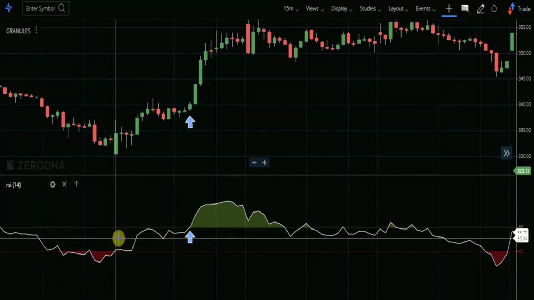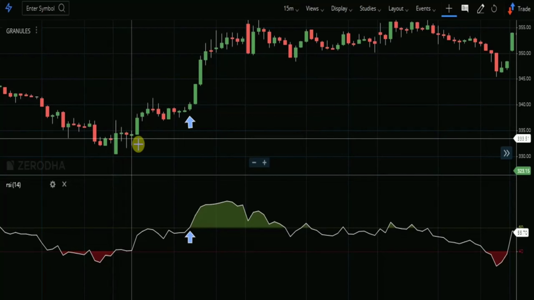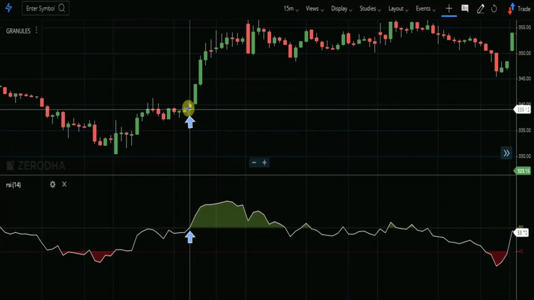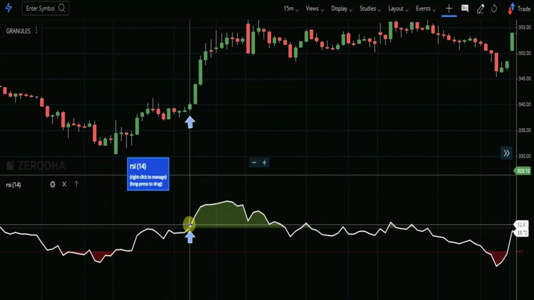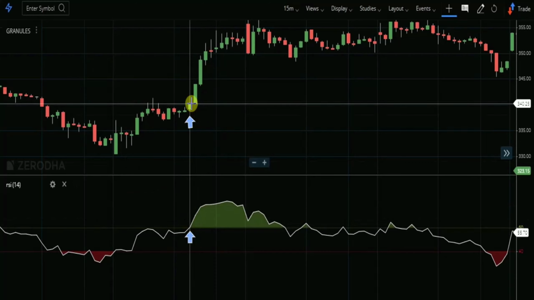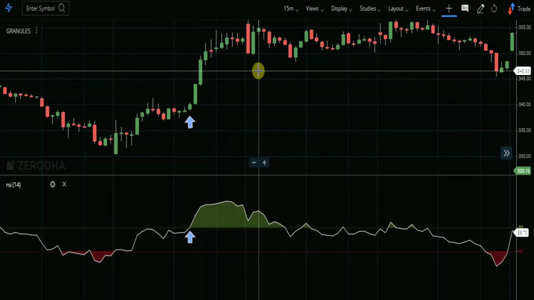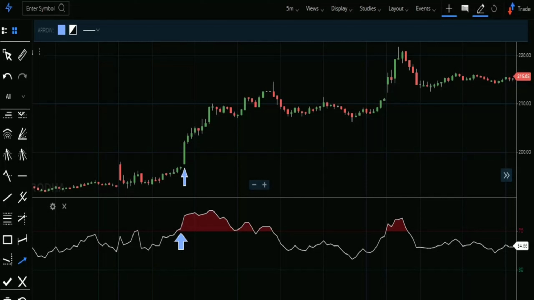Now in another example here you can see that as soon as the RSI crosses above, it went to the positive zone, and now you can see the momentum in the price. Now you can see in these charts the bars started moving rapidly, and you can see more Marubozu candles here. Those are bullish candles you can see.